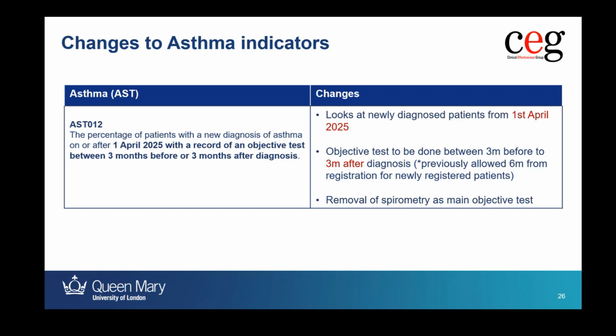Previously, you could complete an objective test for a newly registered patient within 6 months. However, this seems to have been removed from the business rules for this year. But this is something we can feed back on behalf of practices.